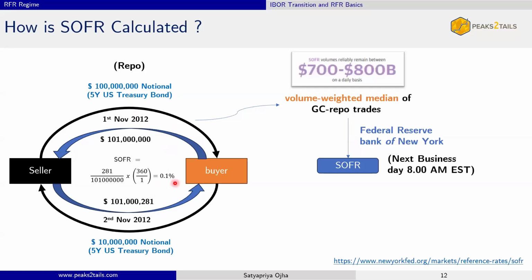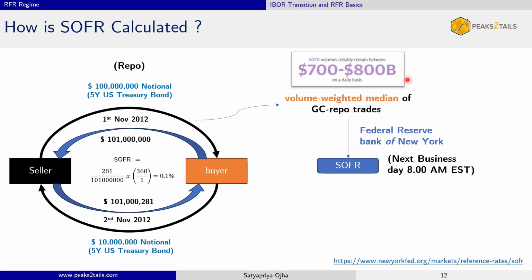In that case, the rate actually goes very low. I mean, you can keep the collateral, don't give me money. The collateral itself becomes very, very much in demand, right? So that's called special collateral. So we exclude those special collaterals and only consider general collateral, okay?